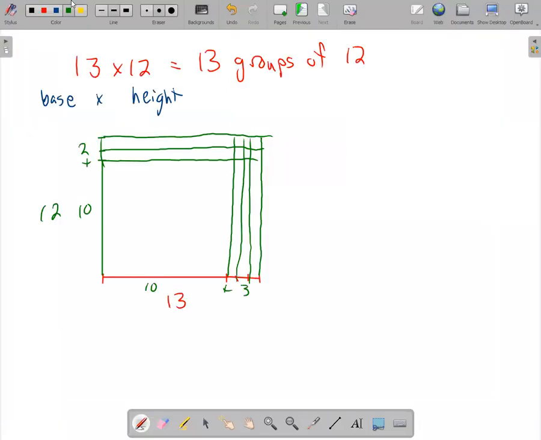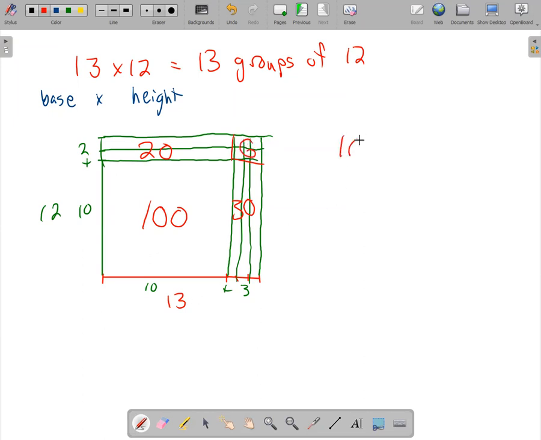So again, when I look at this picture right here, starting here at the bottom, I see a 10 by 10 area or a 100. I see 3 tens or 30 there. I see 2 tens, 20 there, and I see this 2 by 3 area here, which is 6.